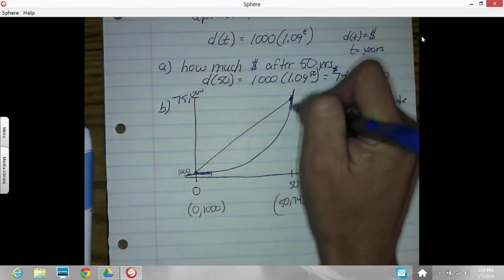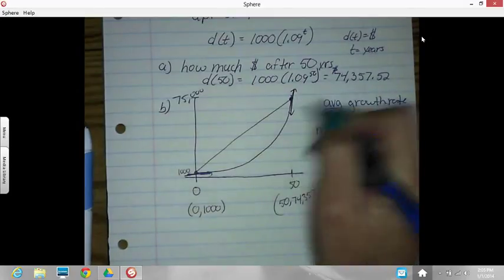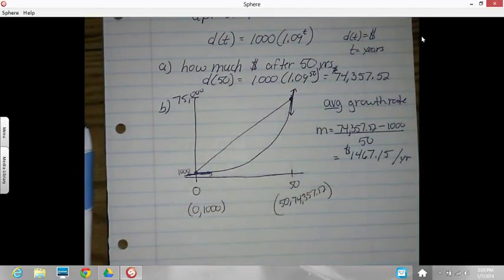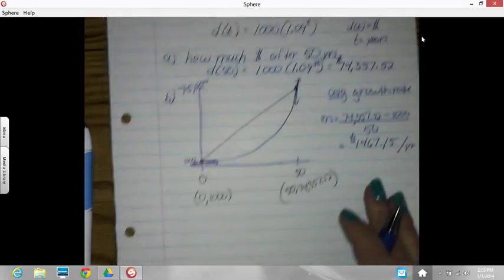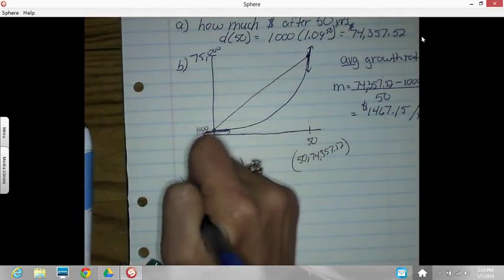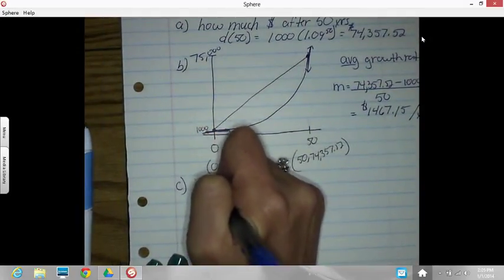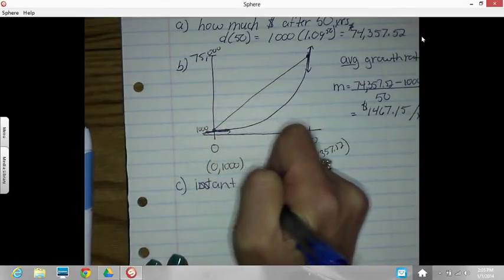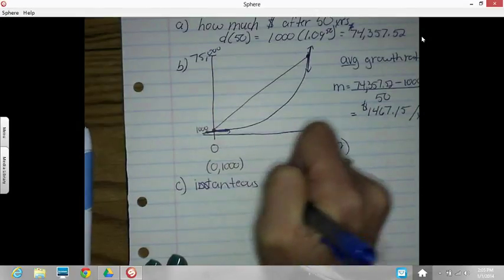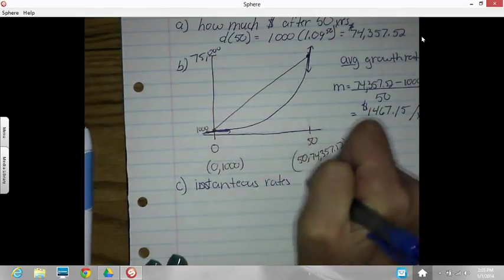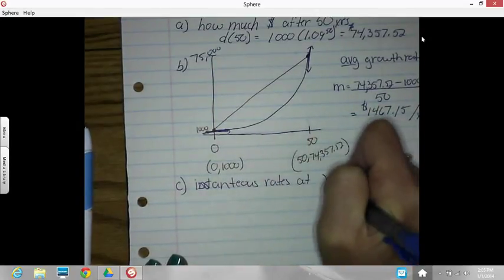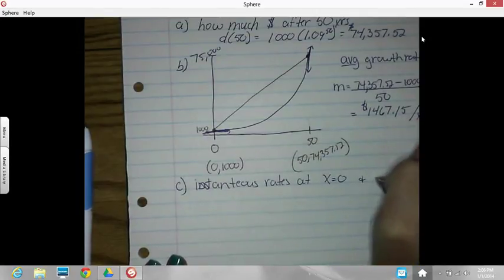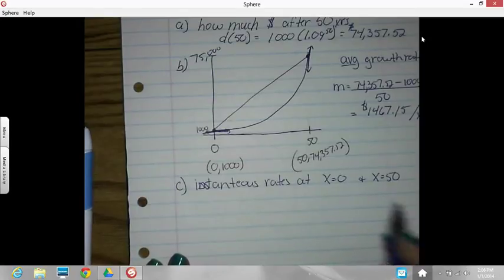That will give us our instantaneous rates at those 2 spots. So for part C, we want the instantaneous rates at time 0 and time 50. So we want the derivative values at 0 and 50.